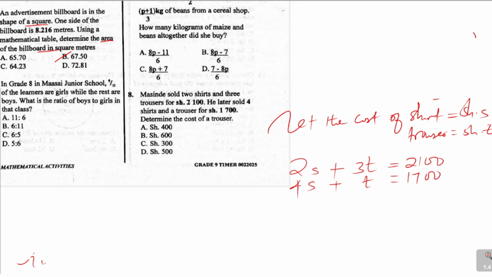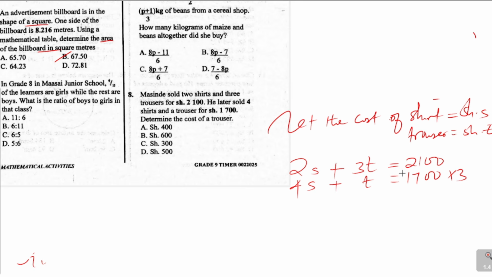So you're supposed to determine the cost of a trouser. These are simultaneous equations, and you can use any suitable method to solve these. So I'll use elimination. You can see we have 3T and T. So I want to eliminate T, and I will do that by making T uniform. So how do I make this to be 3T? By simply multiplying it by 3.